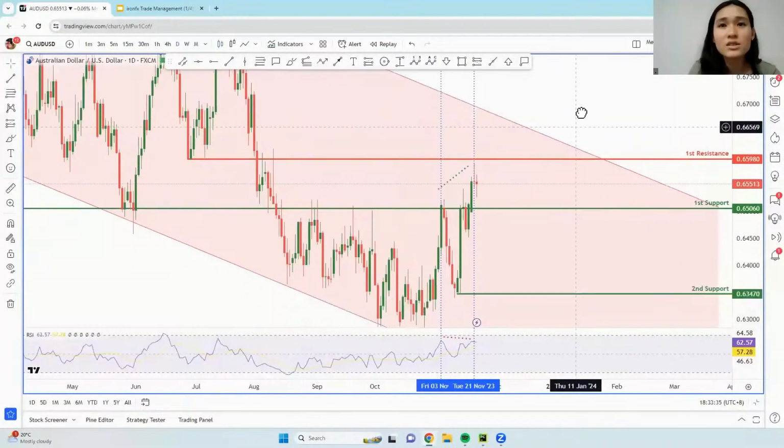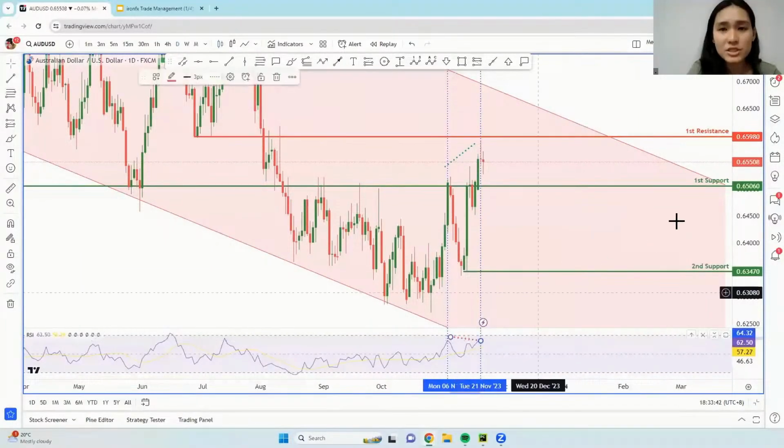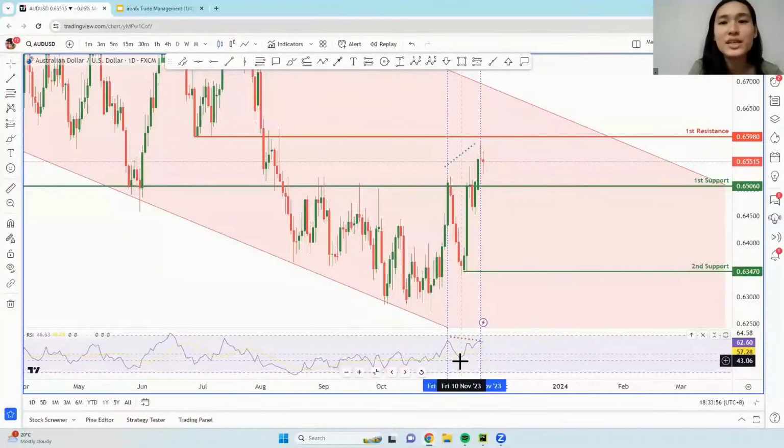Okay. So this is what we call a bearish divergence, because we see price making a higher high on our price chart, whereas on our RSI, we see that it's making a lower high.